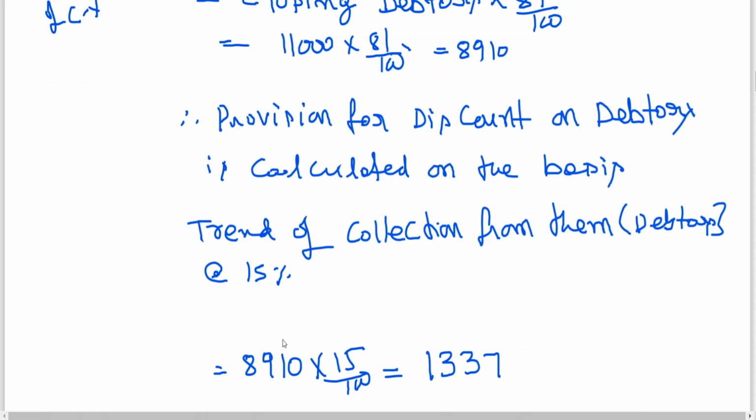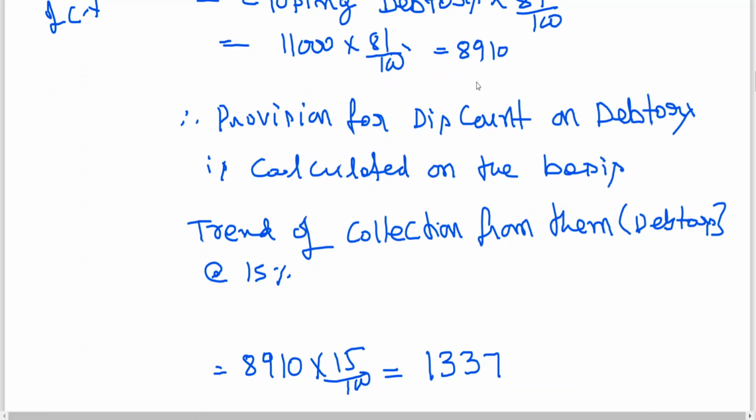So closing debtors of this year will become opening debtors of next year. On that opening debtors of next year, how much can you expect? 11,000 into 81%. That is the amount you are going to collect, and on that you want to give 15% discount.